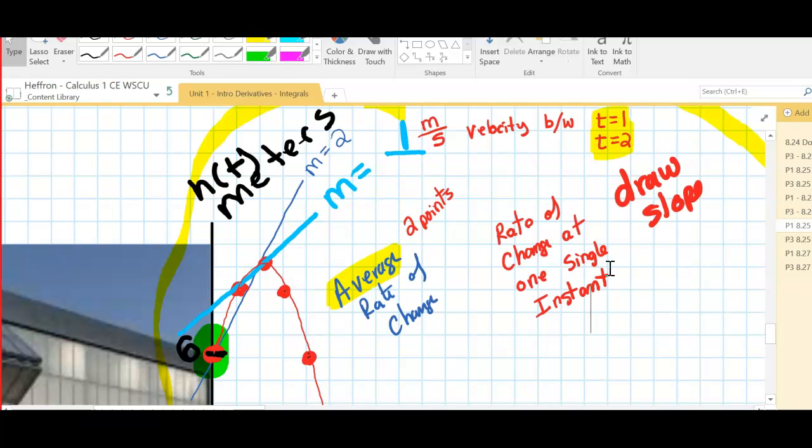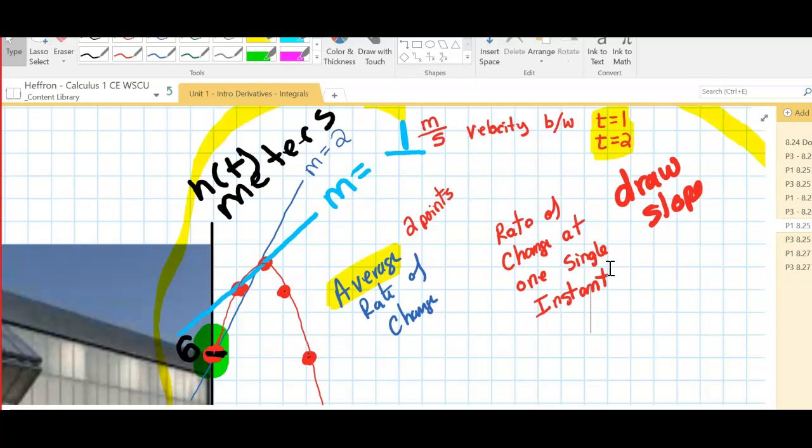Boom! Right now. We want a velocity. I'll put my face on the screen so I'm not just making noise. Boom! Right at that one instant in time. Not from 1 to 2, not from 0 to 2, but right at 1.